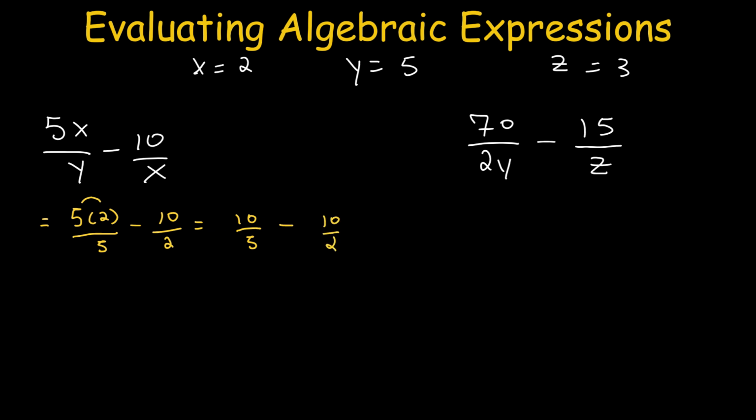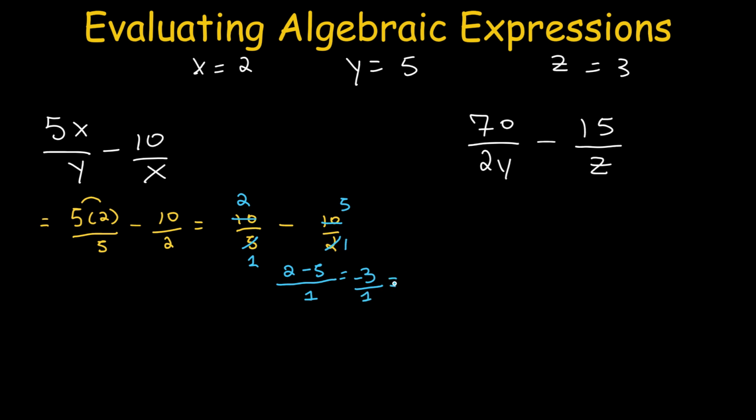Before we do anything else, let's reduce these fractions. This one can be reduced by 5, so this will be 1, and this one can be reduced by 2, so this will be 5. As you see, we have a common denominator of 1, and let's put here 2 minus 5. And 2 minus 5 will be negative 3 over 1.